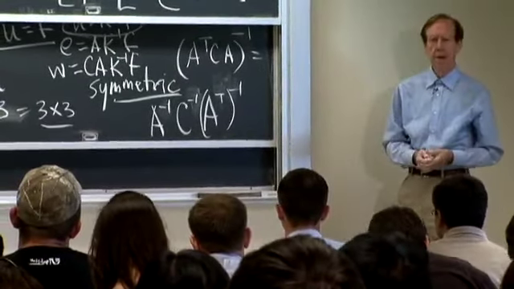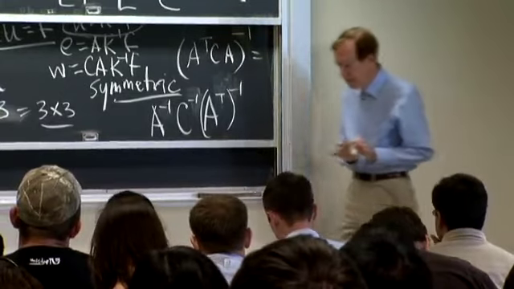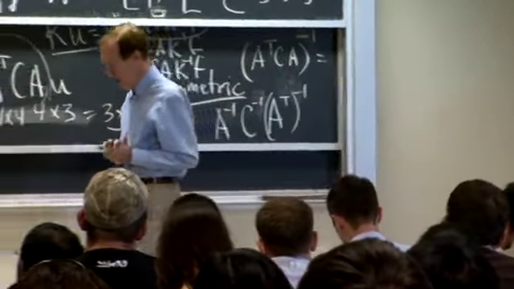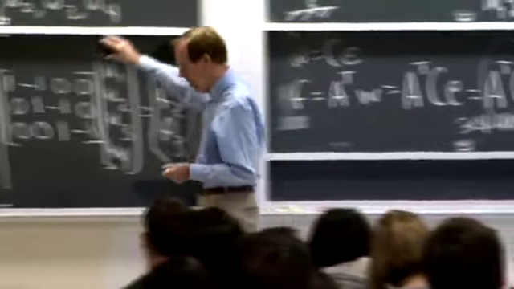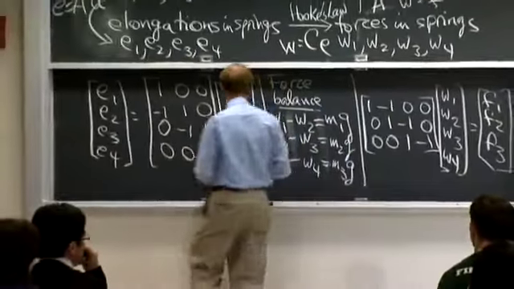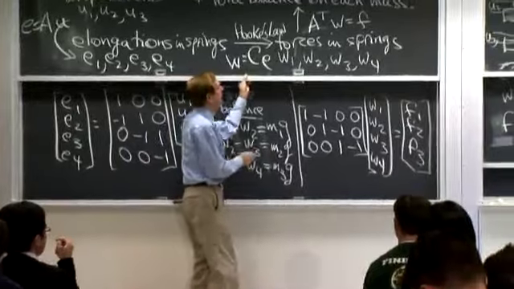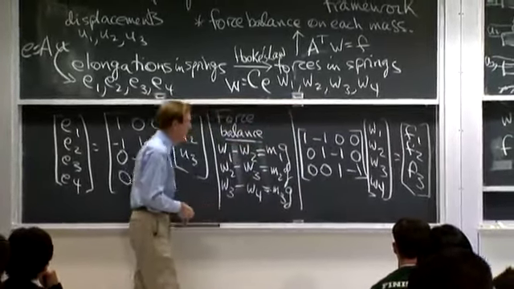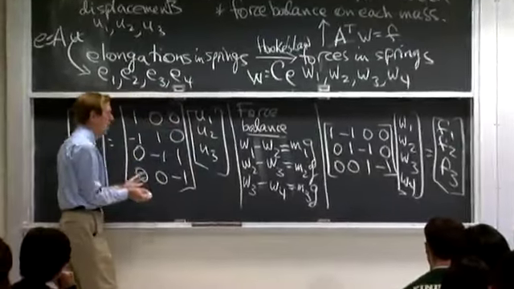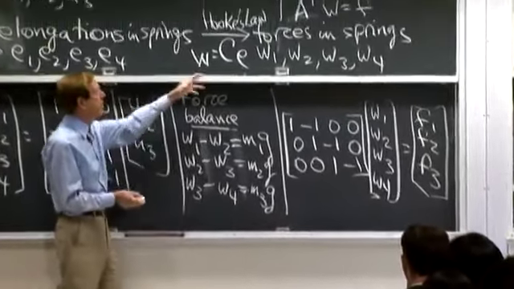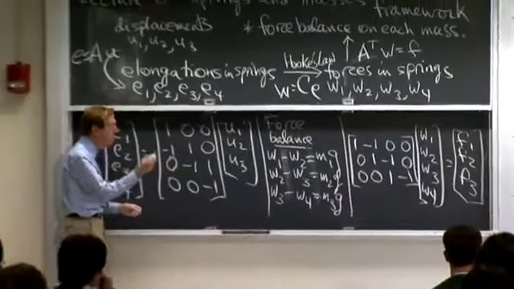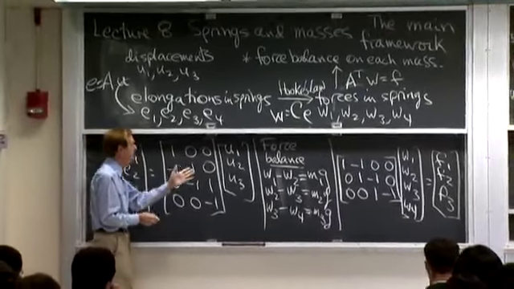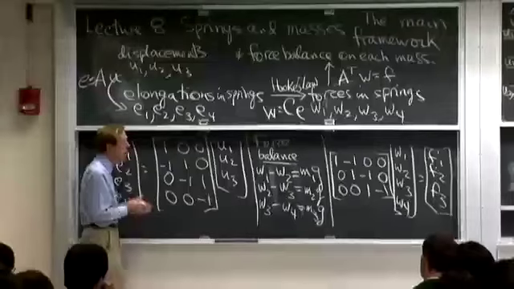And what's the matter with that? You would say, why not just undo each step? Why not find the W's from the F's and then the E's from the W's by dividing, and then the U's from the E's?